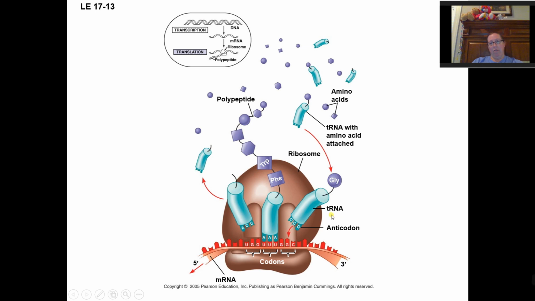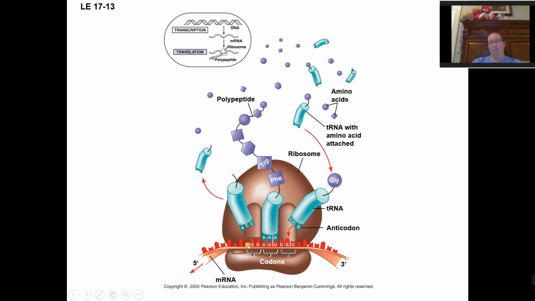There's a transfer RNA, and attached to the transfer RNA is going to be the amino acid on one end and the anticodon on the other. They just come in and hook on, and then they read it. When they read it, they're reading this messenger RNA 5' to 3'.